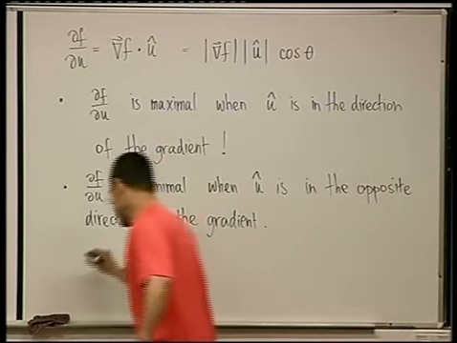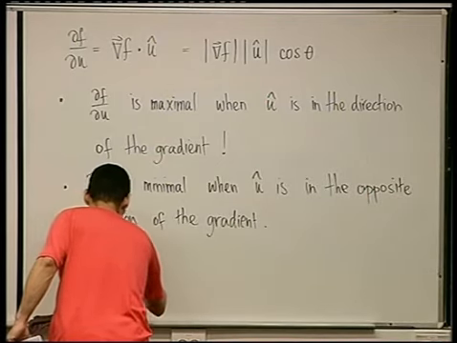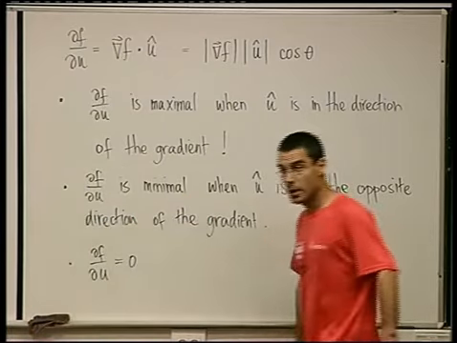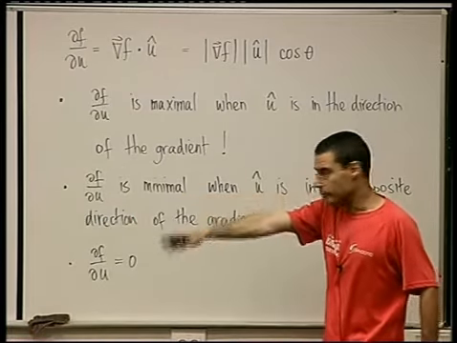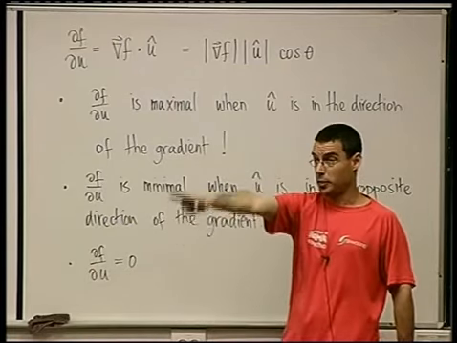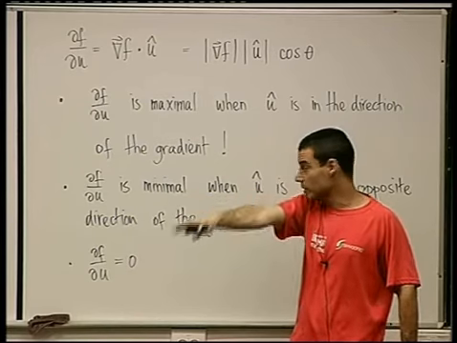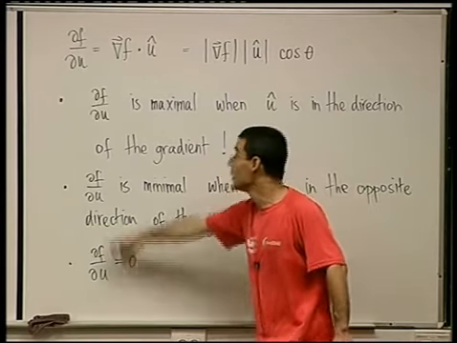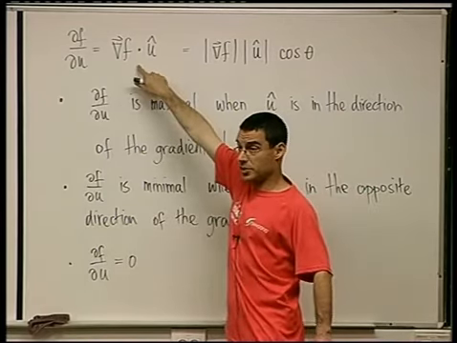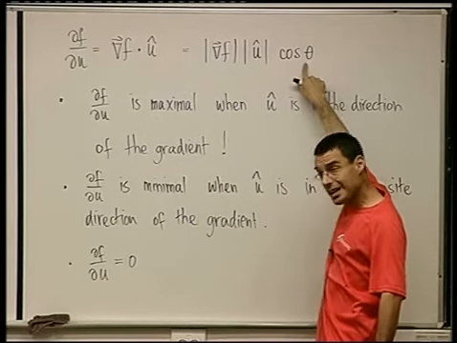And finally, the question is about level curves. When is df/du equal to 0? When are we walking along a level curve? Walking along a level curve means that the directional derivative in whatever direction we're walking is 0, no slope. That's a level curve. When is it 0? When cosine theta is 0.